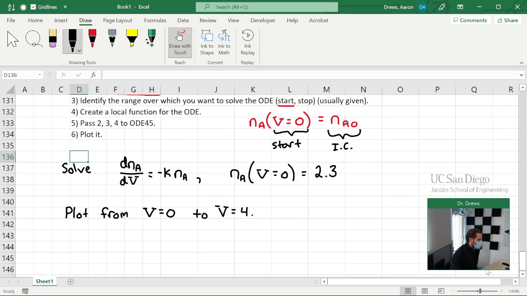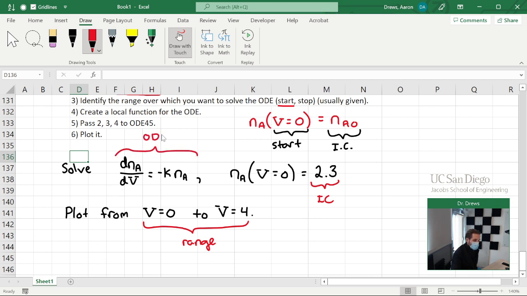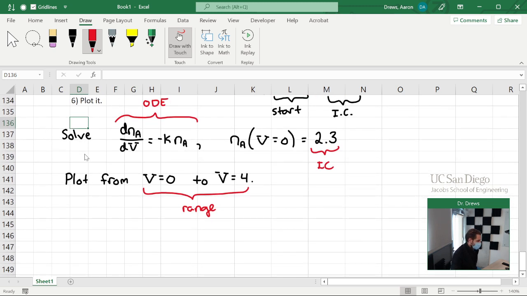That's sort of a bare bones setup of a problem statement in order to solve a differential equation. It gives you the differential, it gives you the initial condition, and it gives you the range. So that's your range, this is your initial condition, and this is your ODE. And you have to have all of those parts before you can use MATLAB, and it's not always easy to figure them out.